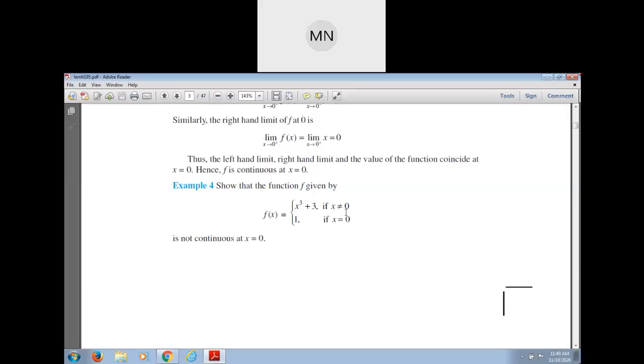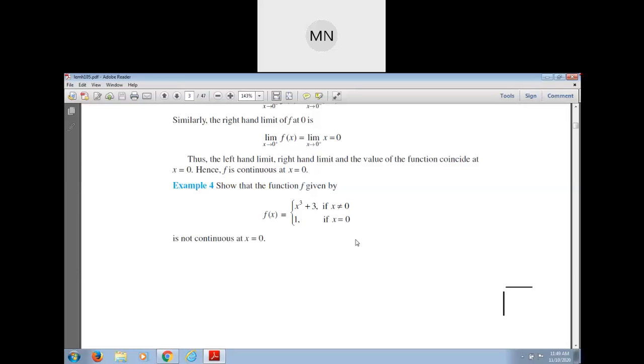When x tends to 0, that means x does not equal 0. So for that case, we write f of x equals x cube plus 3, because x tends to 0 means it does not equal 0. Is it not?